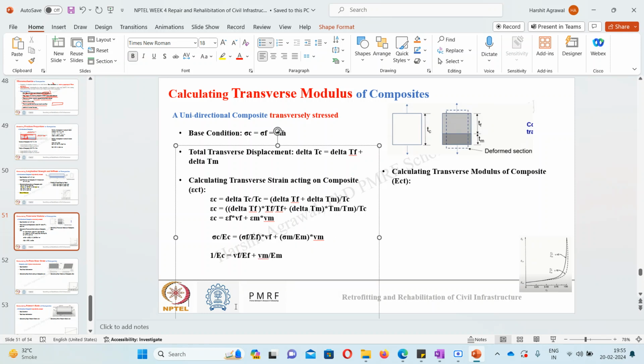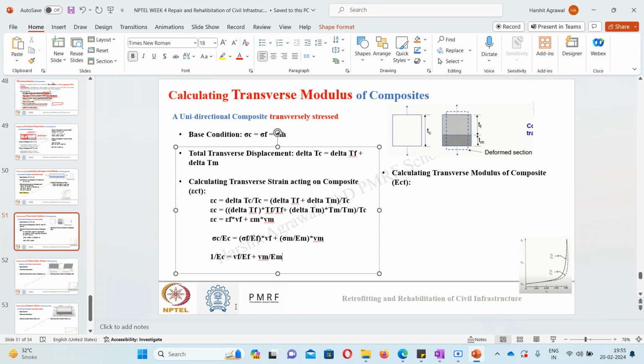So you can see here how, knowing the basic properties of fiber and matrix and their volume fractions, we can compute the elastic transverse strain in the composite. I know the elasticity of the composite, so I can calculate the strain in the composite since I know the stress acting.